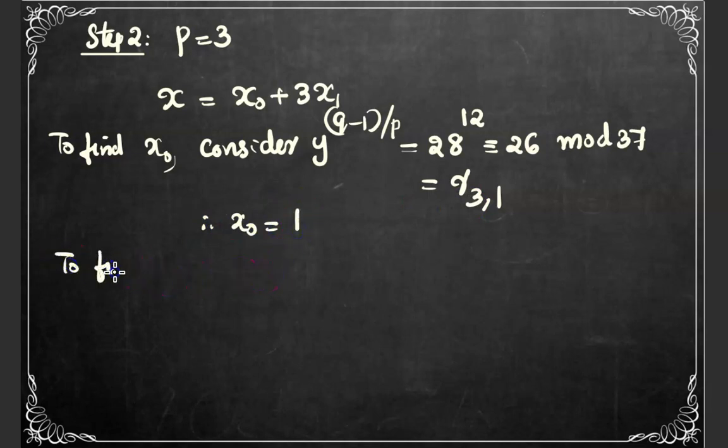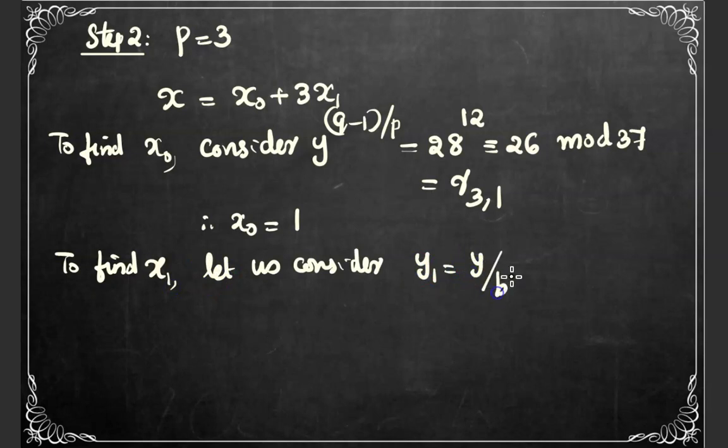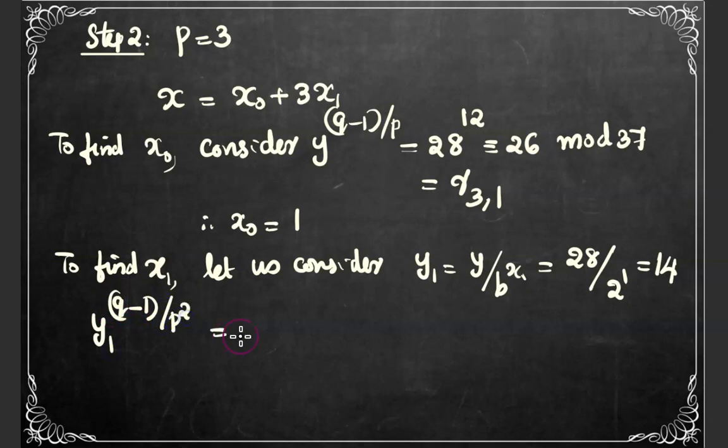Now similarly we need to find x1 also. So let us consider y1 equal to y by b raised to x0, and that is equal to 28 by 2 raised to 1, which is 14, and then we need to evaluate y1 raised to q minus 1 by p square, and that is equal to 14 raised to 36 divided by 3 square, which is 4.